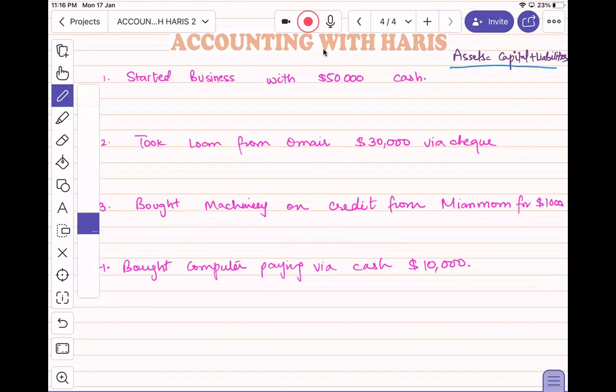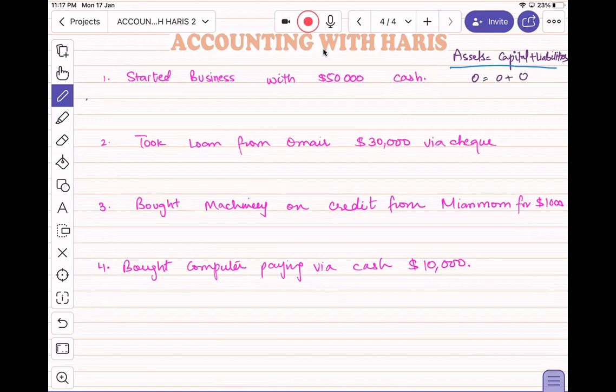So transaction number one, started the business with $50,000 cash. Let's say we start the business with 50,000 cash. Our accounting equation basically was 0 equals 0 plus 0 before this first transaction.